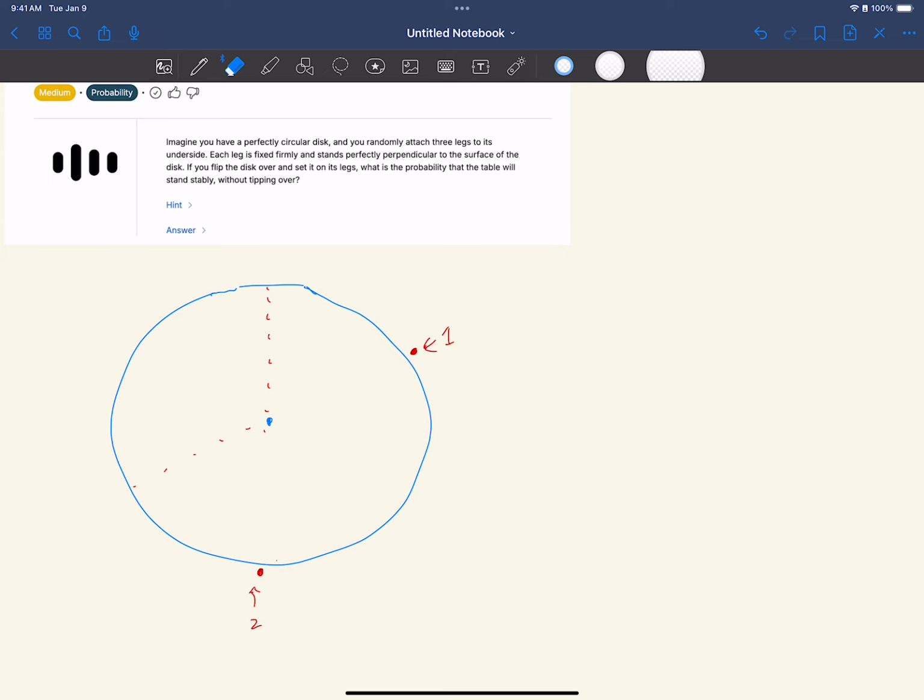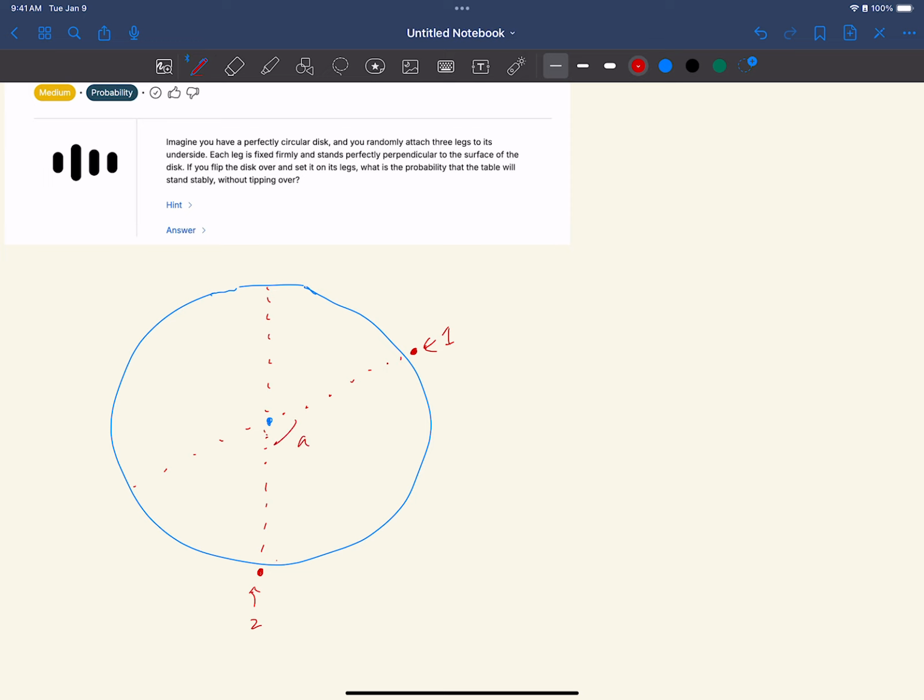And so the question becomes, how do we compute the probability of such a setup of three legs? Well, we're going to do this by first finding the angle between 1 and 2.